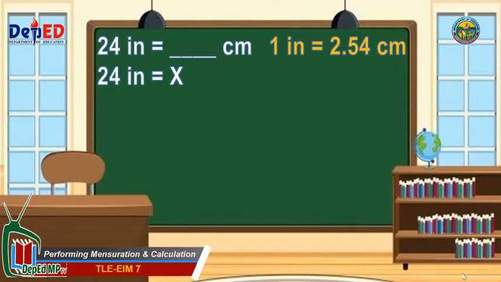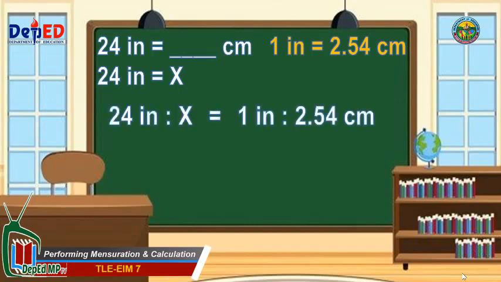Next we convert these two equations to ratios, so we put them side by side. How do we convert them to ratios? We just change the equal sign to colons, so our equation becomes 24 inches is to X is equal to 1 inch is to 2.54 centimeters.